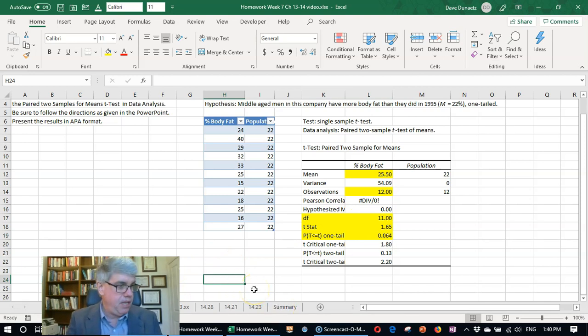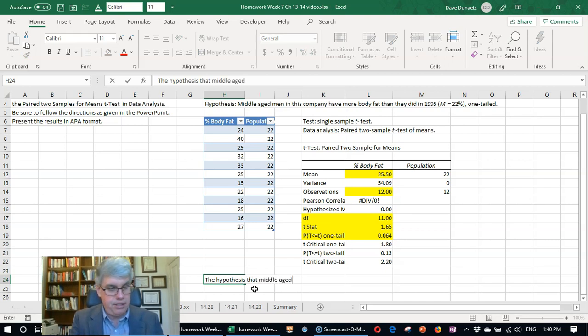We want it to be in APA format. I'm going to say the hypothesis that middle-aged men in this company have more body fat today than in 1995, that's when the mean, μ, equals 22% back then, was not supported.